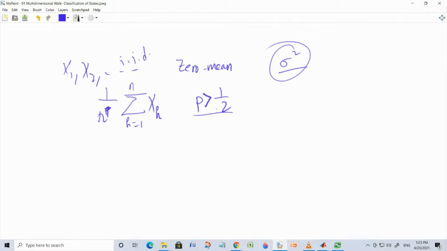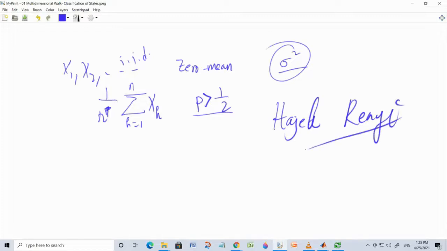And then you get your result for the IID case. But the Kolmogorov strong law of large numbers itself was derived in the notes and in the lectures based on the Hájek-Rényi inequality. And that's the way to go.